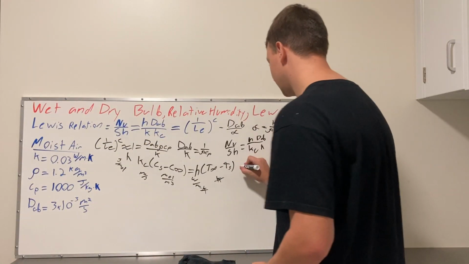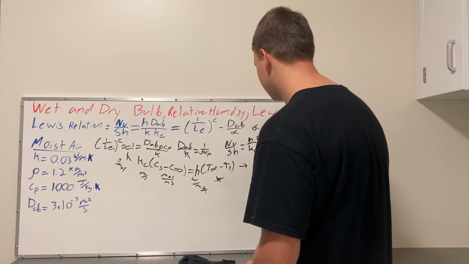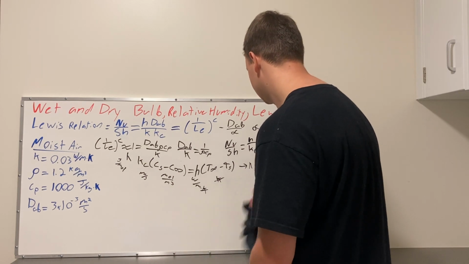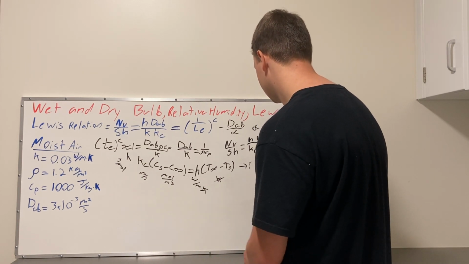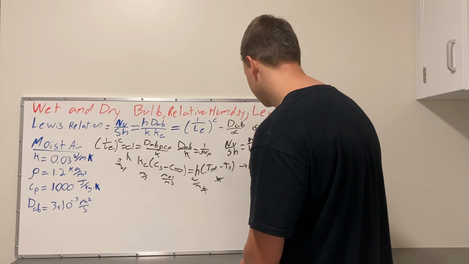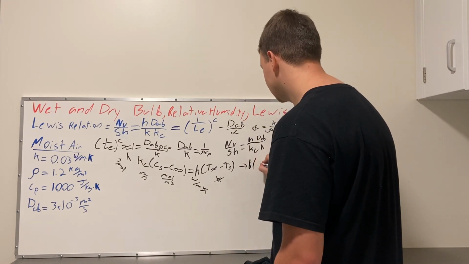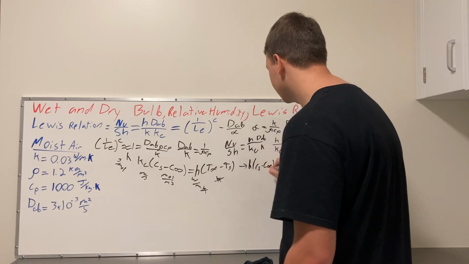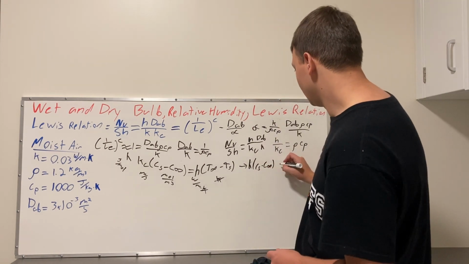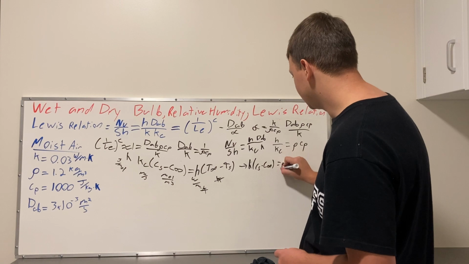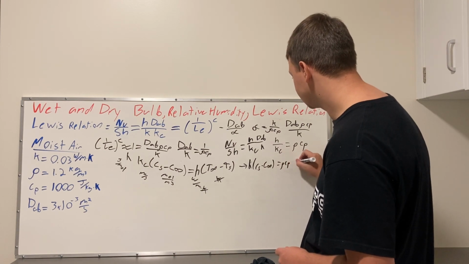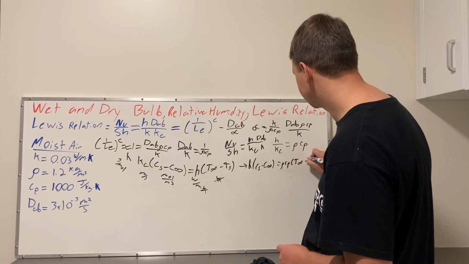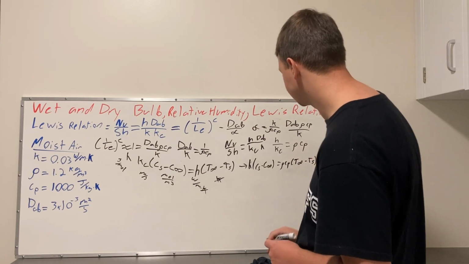So we end up with the heat of vaporization times the concentration of the surface minus the concentration of the environment, which is equal to the volumetric heat capacity times the temperature of the environment minus the temperature of the surface.